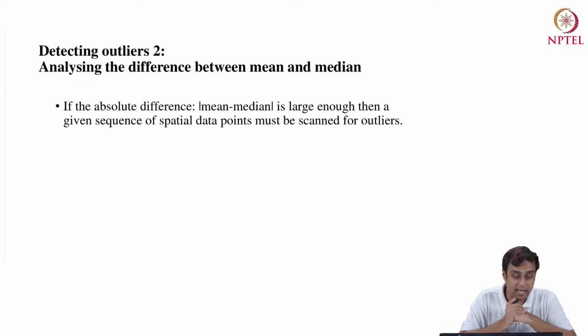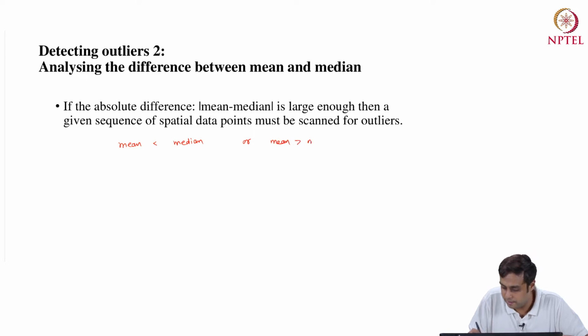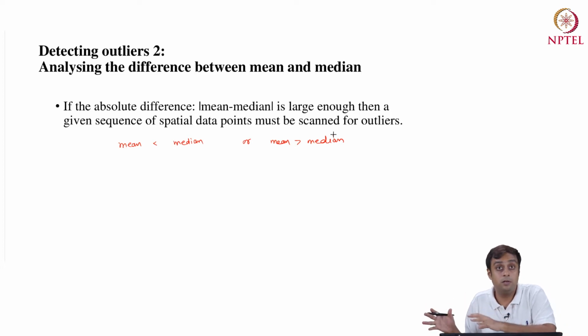So what we say is that if the absolute difference, that is the absolute value of mean minus median, is large enough, then a given sequence of data points must be scanned for outliers. Of course, we know that mean is less than median or mean is greater than median. Both are signals of trouble.